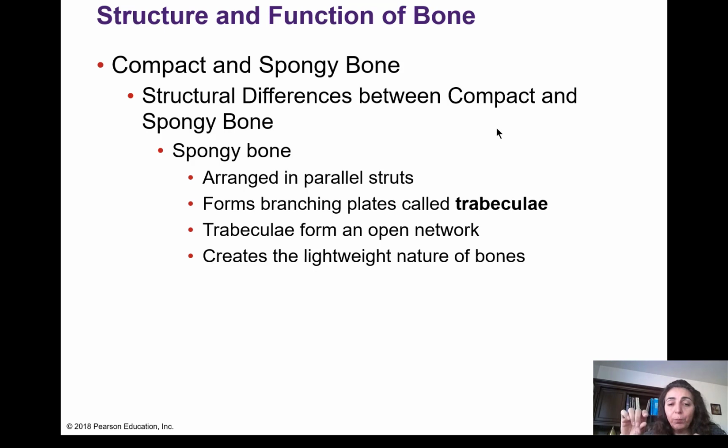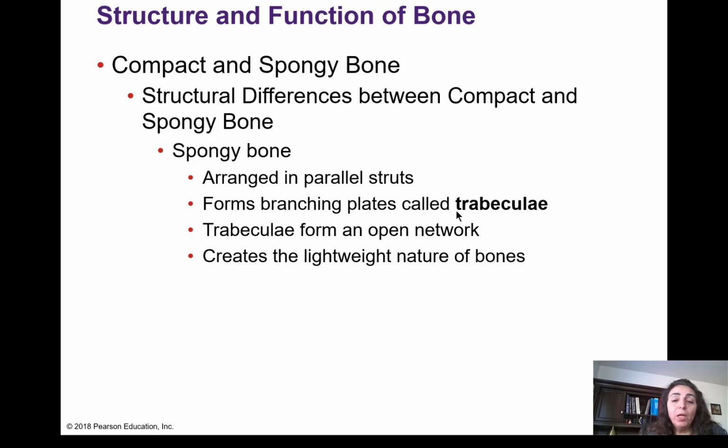But still we have lamellae, and the osteocytes are arranged in lamellae, right? They form branching plates called trabeculae. So you have a bunch of lamellae going in this direction, the other one goes in this direction, like a tree that has thousands of branches connecting to each other, right?